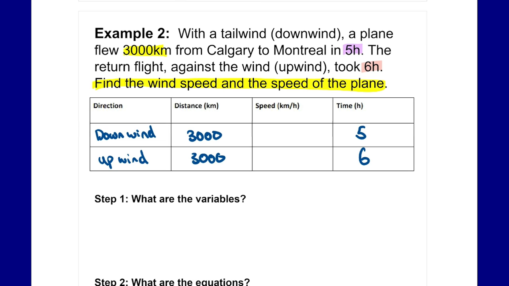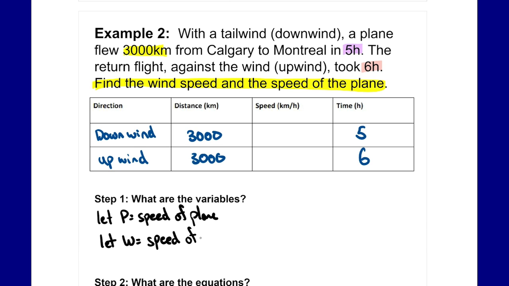So let's set up our variables. We know what we're looking for. So let's let p equal the speed of the plane, and let's let w equal the speed of the wind.